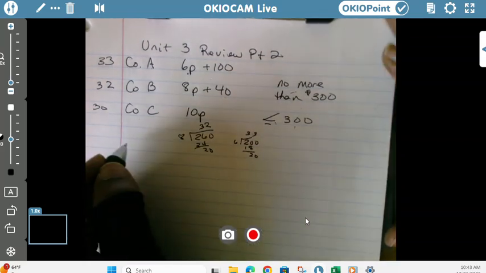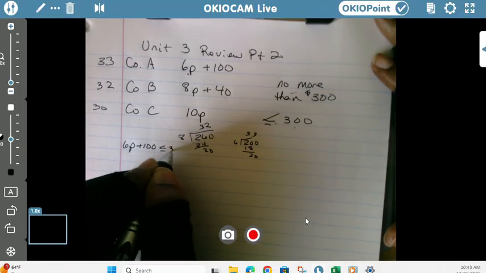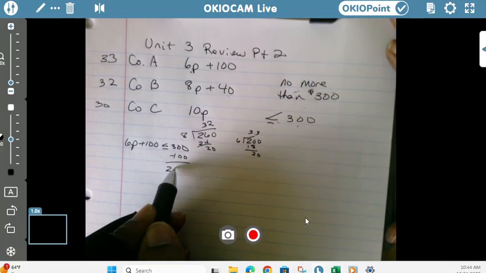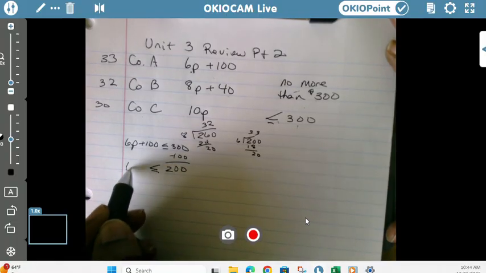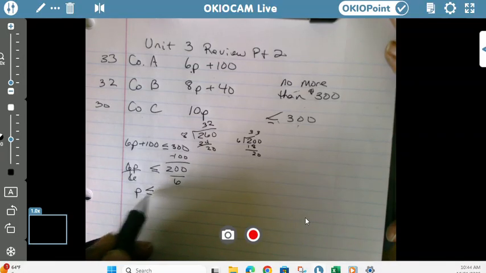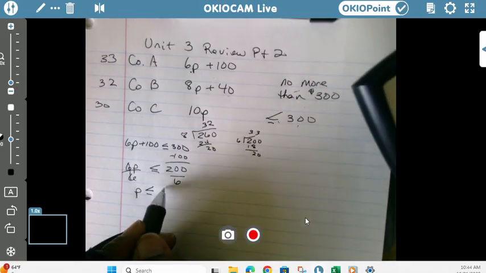The math behind it was 6P plus 100 has to be less than or equal to 300. So I subtracted 100 and got 200, and then divided by 6. And it has to be less than 33.3.